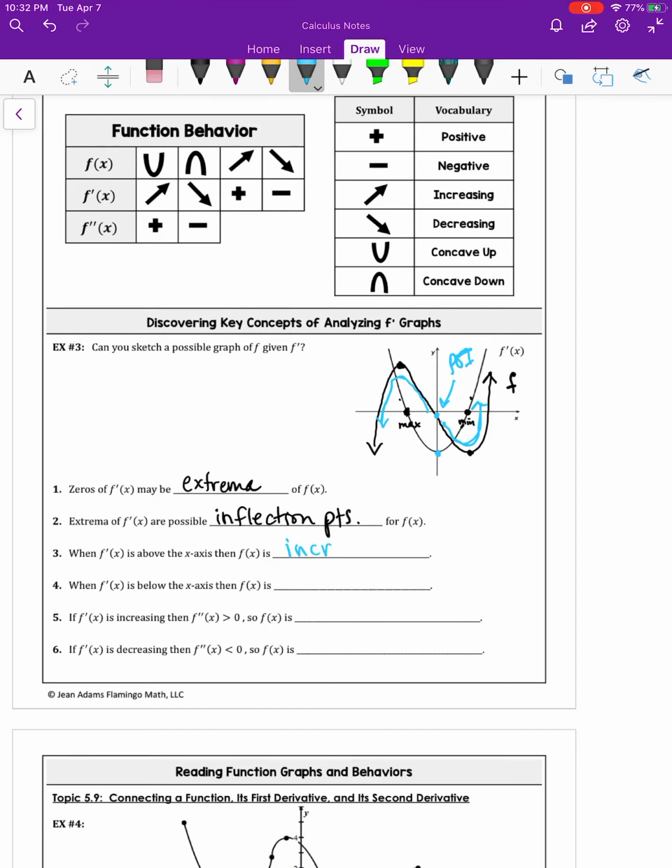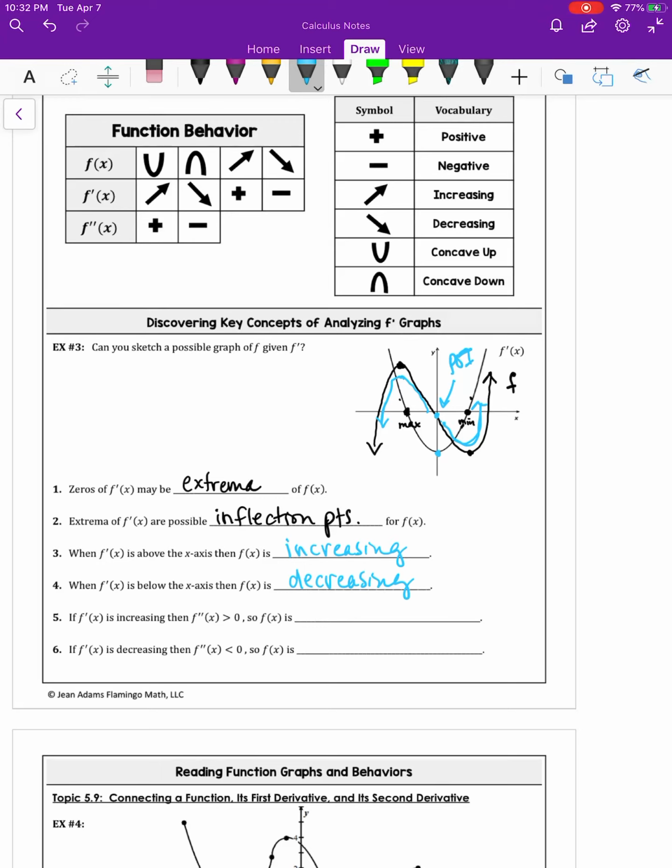When f prime of x is above the x-axis, then f of x is increasing. When f prime of x is below the x-axis, f of x is decreasing. So we saw increasing, and then decreasing, and then increasing again.